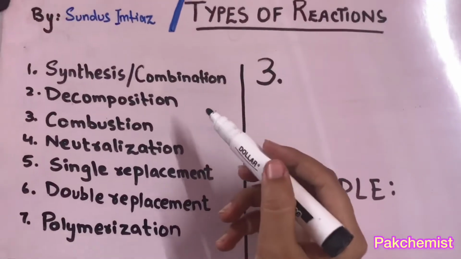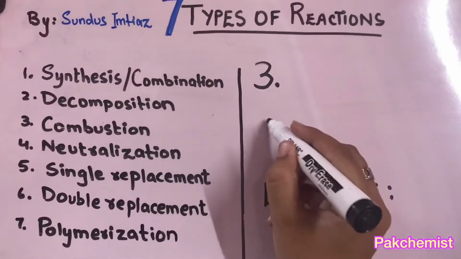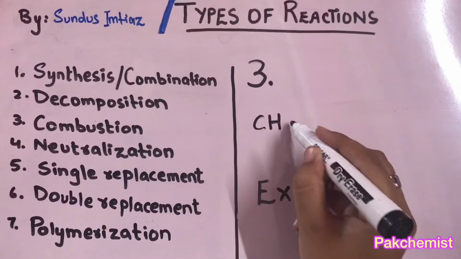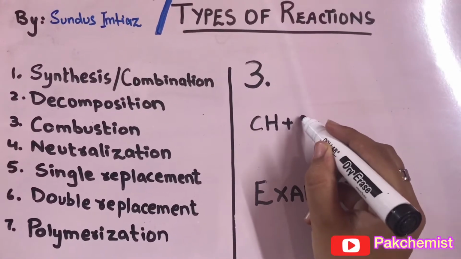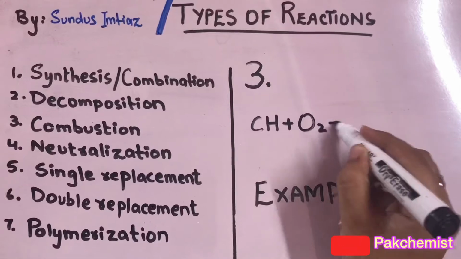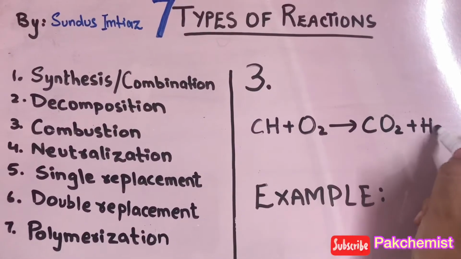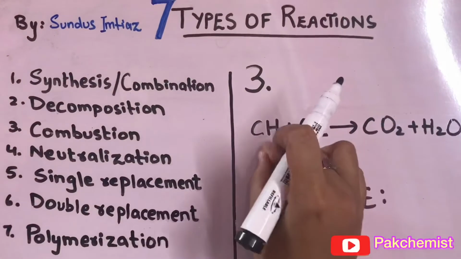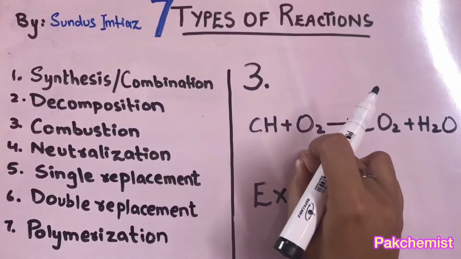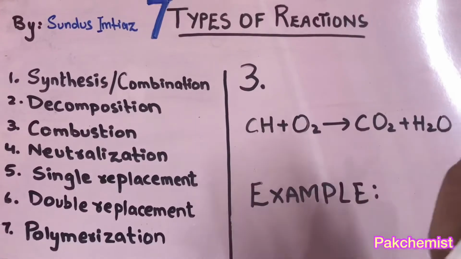The third reaction is a combustion reaction, in which we react a hydrocarbon with the oxygen molecule and it will form carbon dioxide plus a water molecule. Okay, always when a hydrocarbon reacts with an oxygen molecule, it will form carbon dioxide and a water molecule.